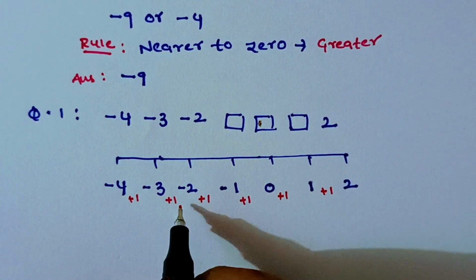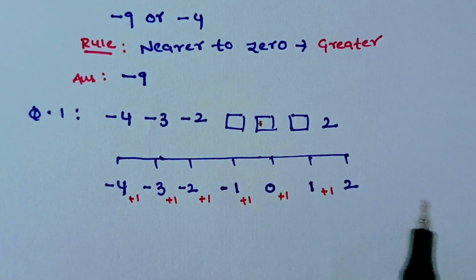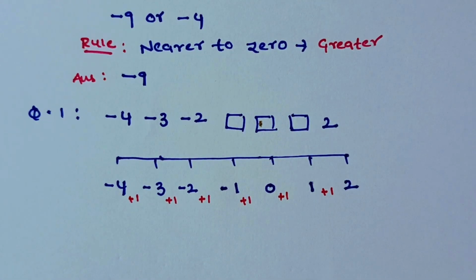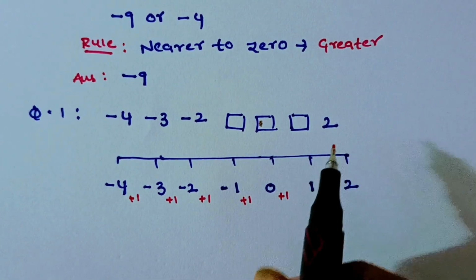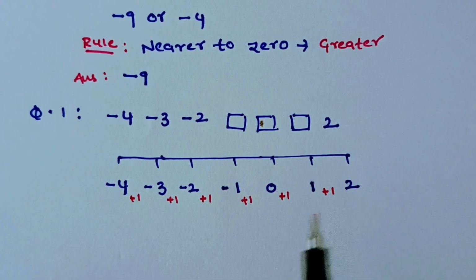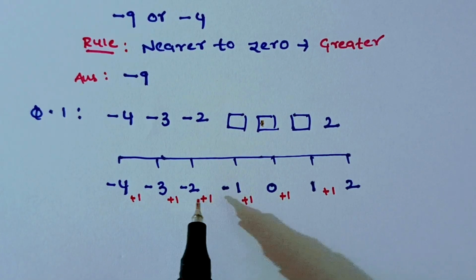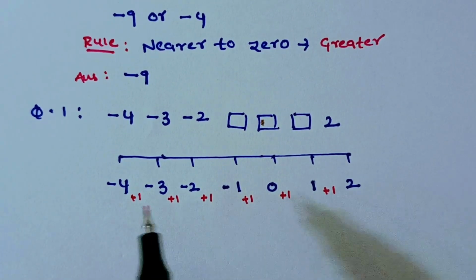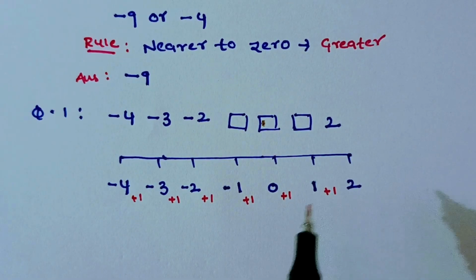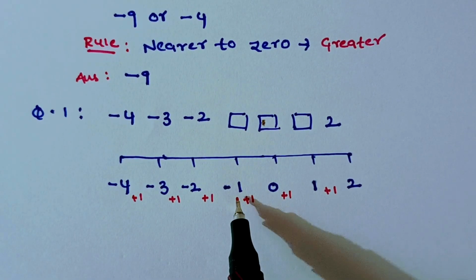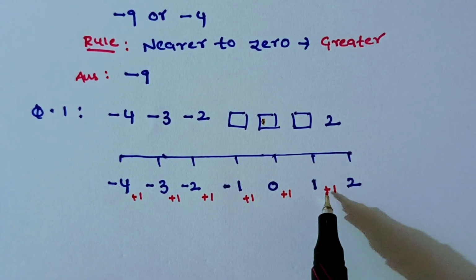So, the difference between all numbers is the same, plus 1. First see the problem, understand the pattern. So the answer is -1, 0, plus 1.